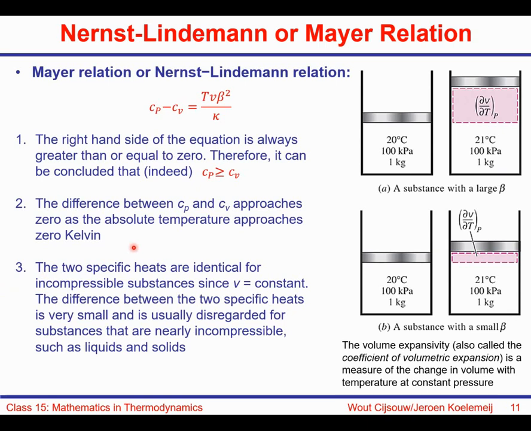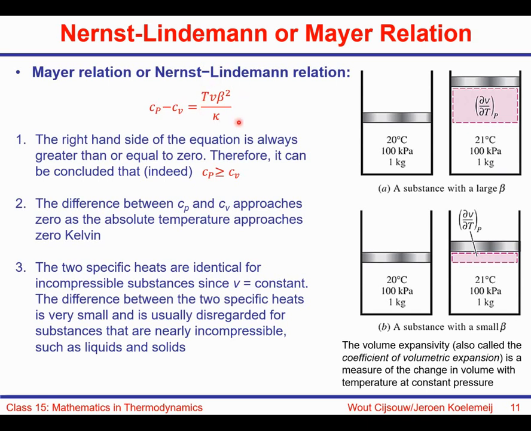And then, well, we talked about incompressible or nearly incompressible substances. We know that in that case, the volume doesn't change in either case, so Cp and Cv should be basically the same, which means that this quantity here should be very small.